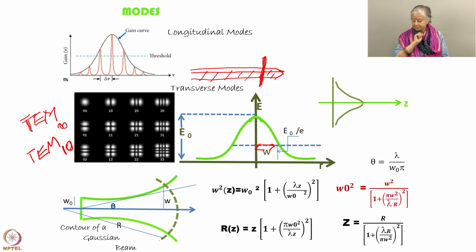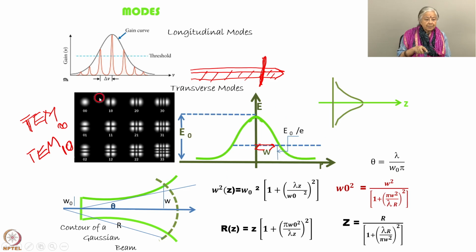Basically, this width has something to do with this intensity profile. Actually, intensity is mod E0 square, or mod E square. So, I have just given the electric field profile, the intensity profile will look similar. So, you will get a width in that intensity.